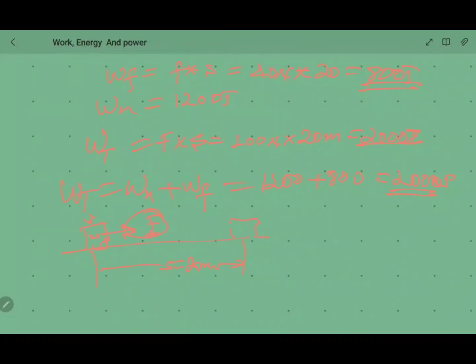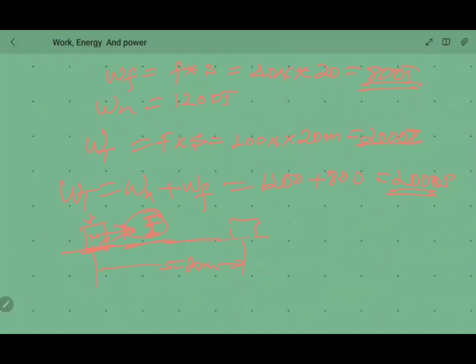Part of the energy transferred by this force goes to increasing the kinetic energy of the mass. The other part turns to heat by the friction on the surface.